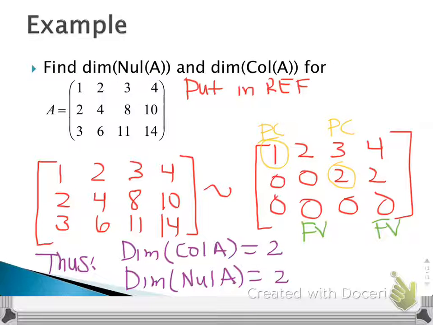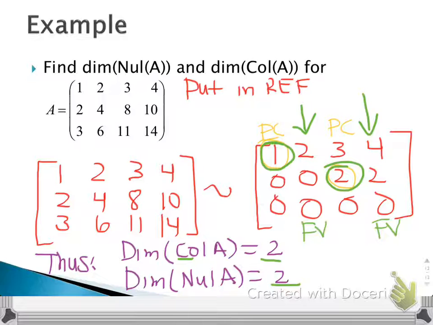So we see here that we have a pivot column in the first and third columns, and that means the other two columns are our free variables or our non-pivot columns. Therefore, the dimension of the column space of A is 2, and the dimension of the null space of A, or the nullity of A, is 2.